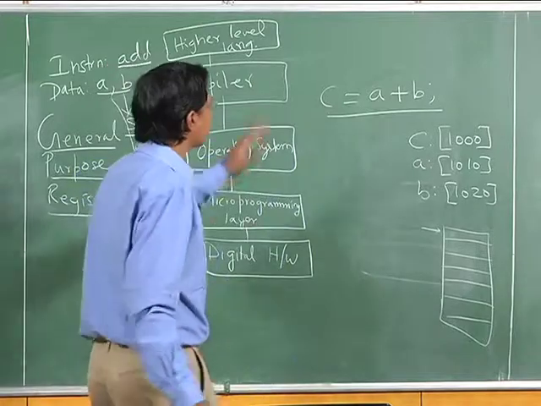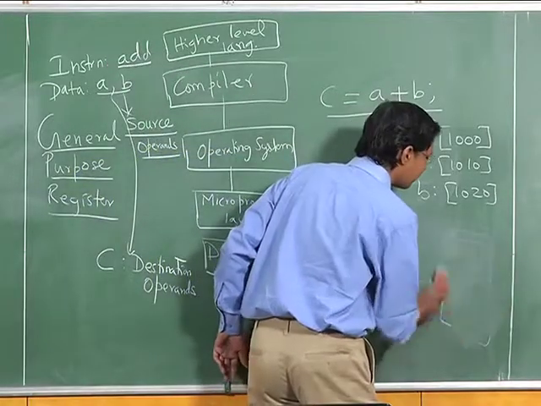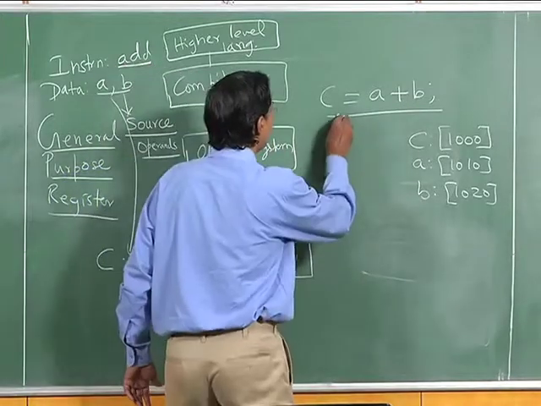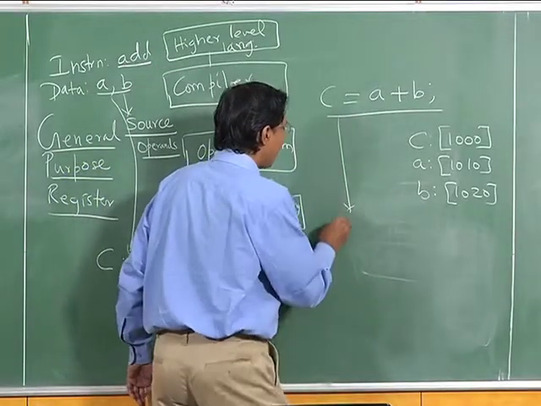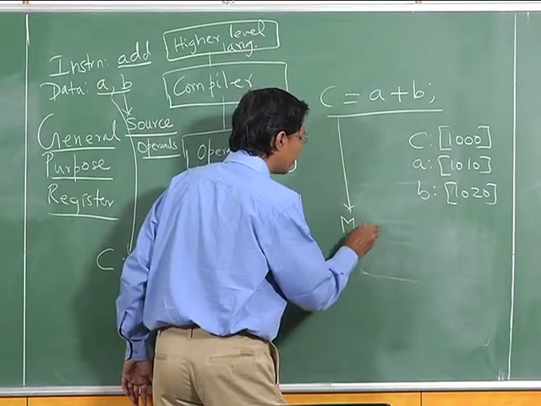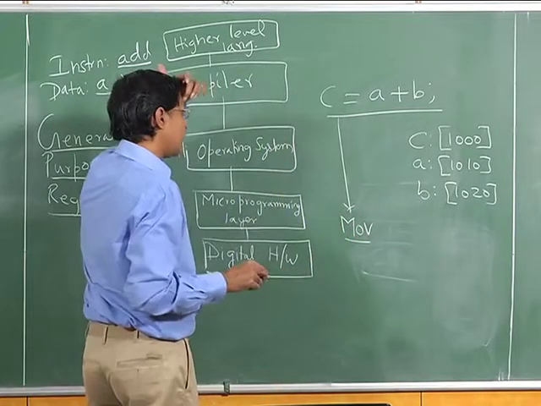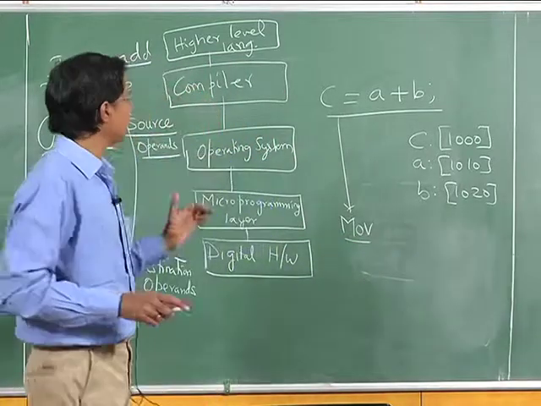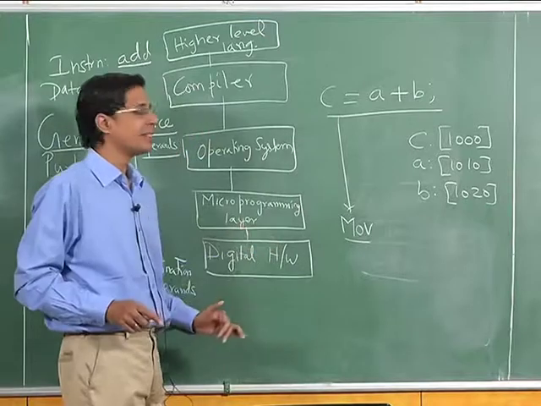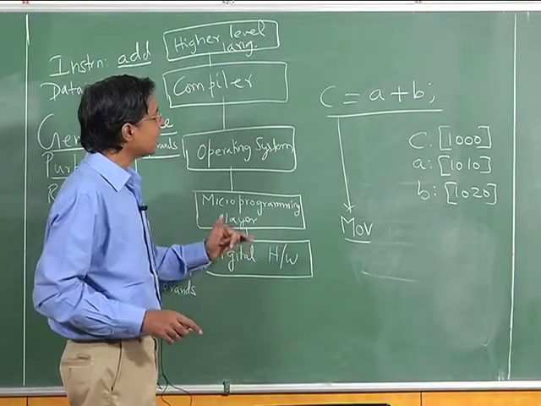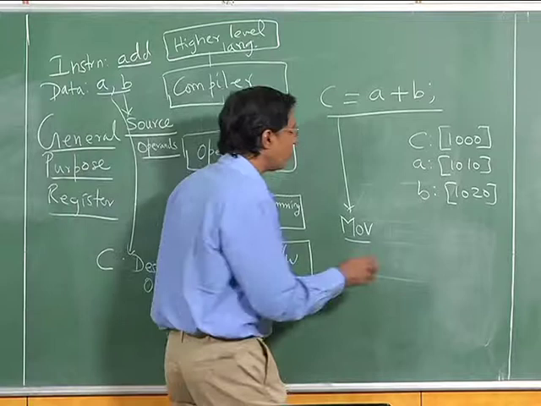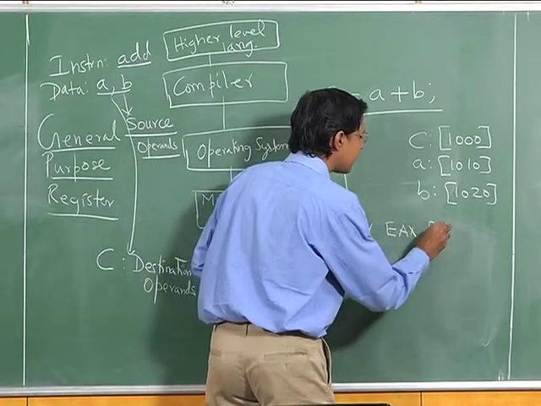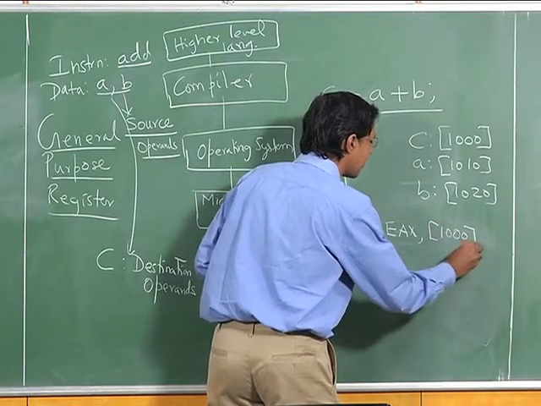Now how will this program compile? First I will use move, which is an instruction which the hardware will understand. So move into, say, EAX the content of 1000.